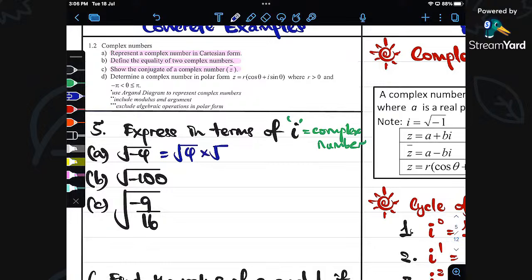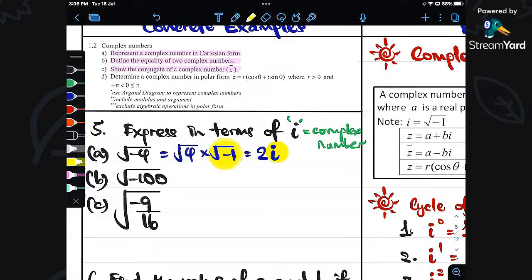So kita darabkan dengan -1. So please bear in mind, punca kuasa 4 adalah 2. Manakala square root of -1 ataupun punca kuasa -1 sebenarnya adalah i. Okay, so this is the definition that you must remember.